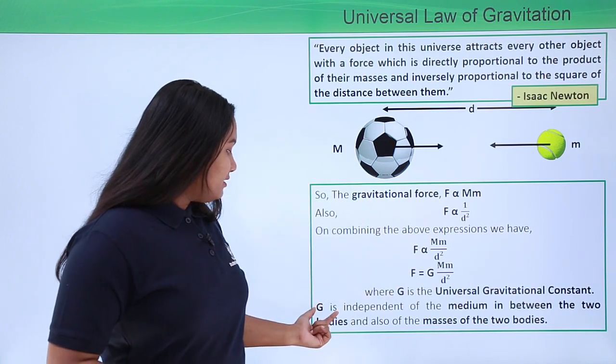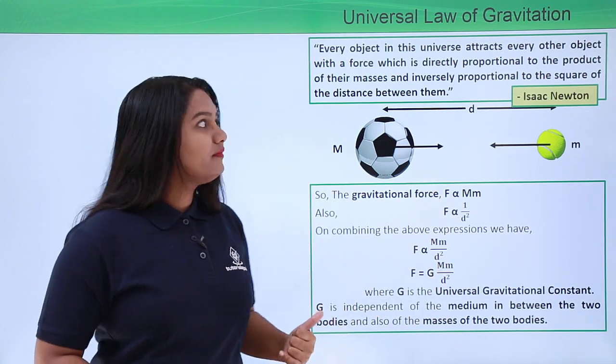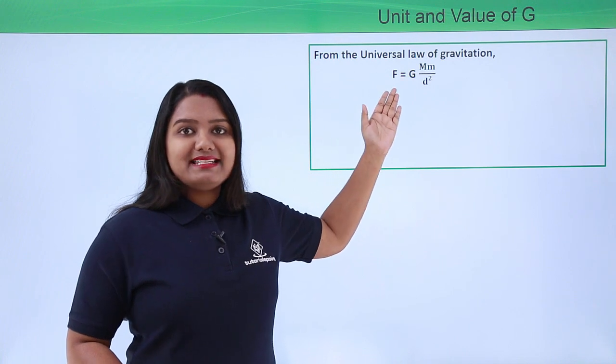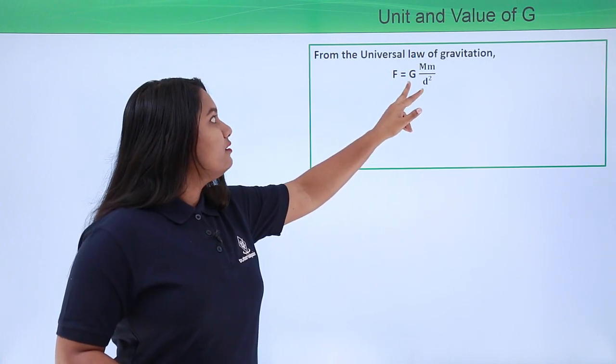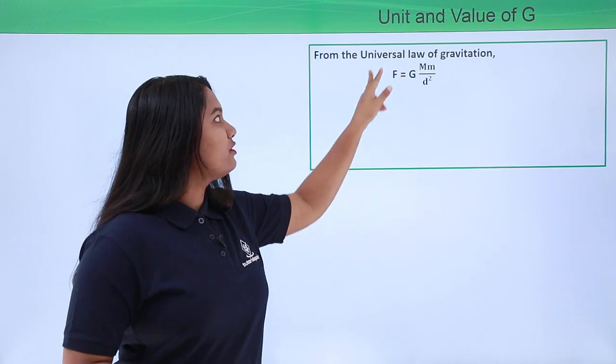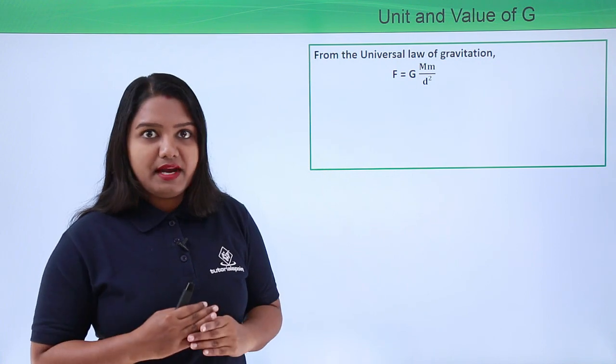Now let's talk about this universal gravitational constant for a while. So here we will be finding out what is the SI unit in which the gravitational constant is measured. Now here we have the expression of universal law of gravitation, which is F equals G M m by d squared.